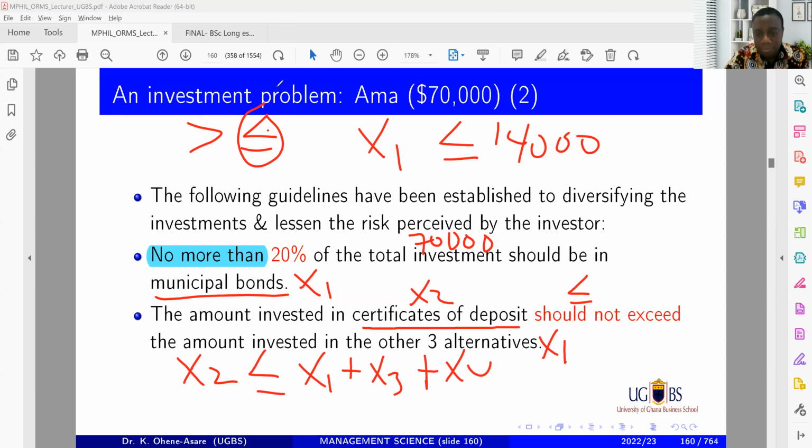Excellent. Very good. Now, this is a mixed constraint, like I told you earlier. All of these are mixed constraints, so you're kind of mixing, connecting these. Now, this inequality that is standing here, you can manipulate it so that you group items.